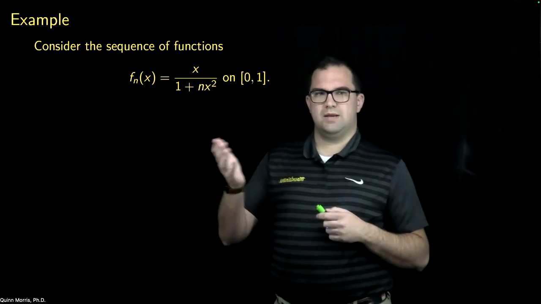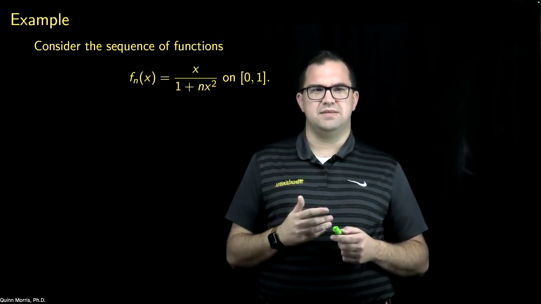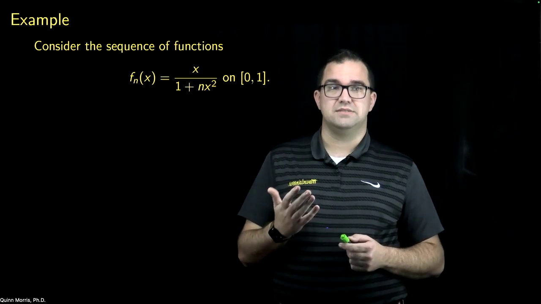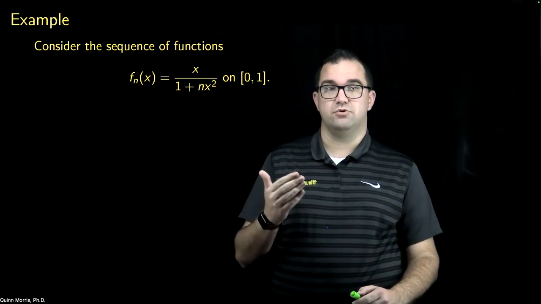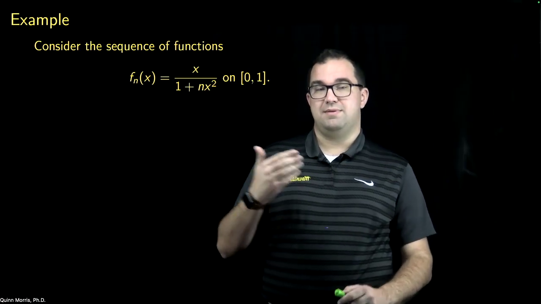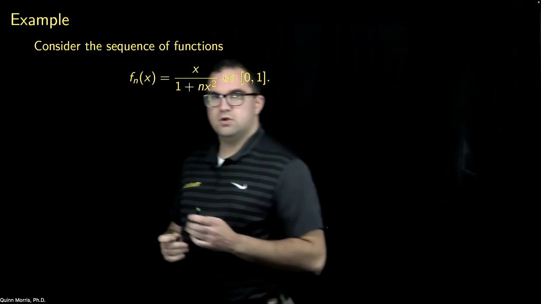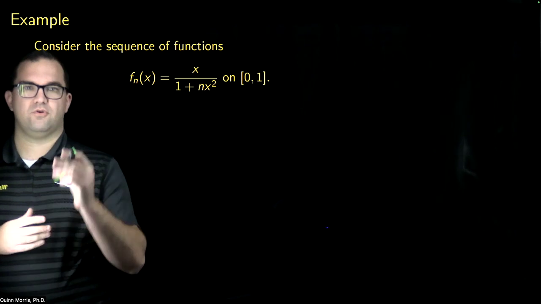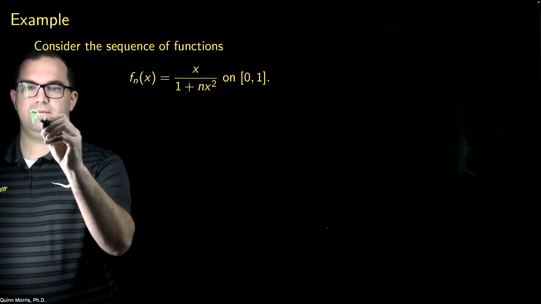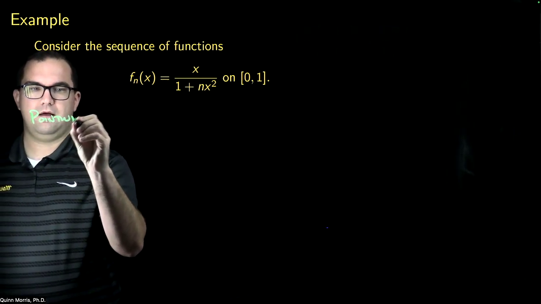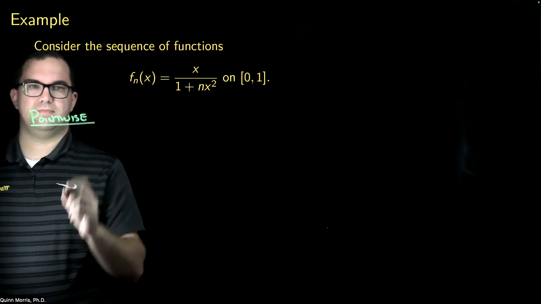And in fact, when it comes to sequences of functions, often what this means is we look at it pointwise. So we show that there's pointwise convergence. Then we try to show maybe that there is or is not uniform convergence as well. So let's think first about what the pointwise limit of this sequence of functions may be.